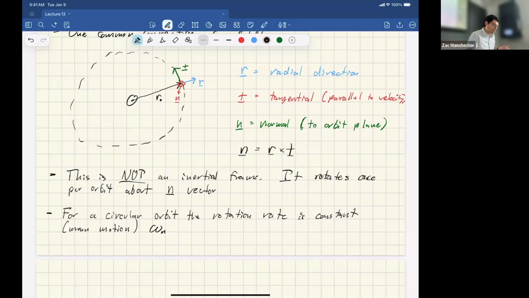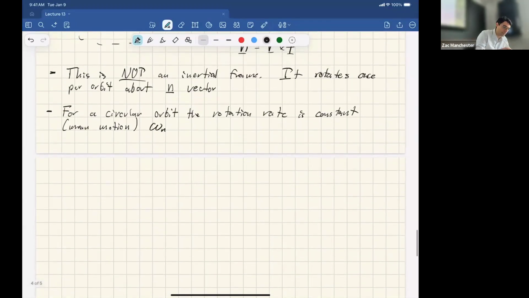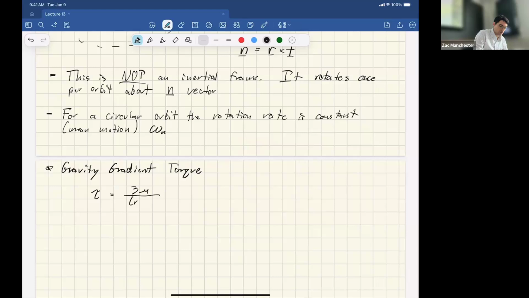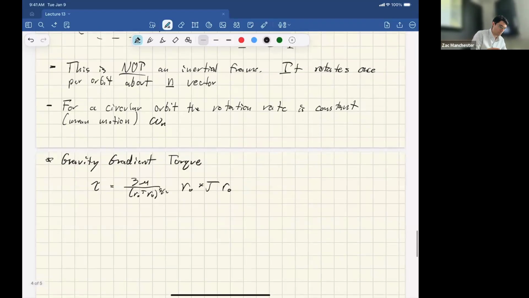Okay, so we just saw the gravity gradient thing. What we can do now is simplify it just slightly. So just before we had this expression, 3 mu over r. So this is what we had before.